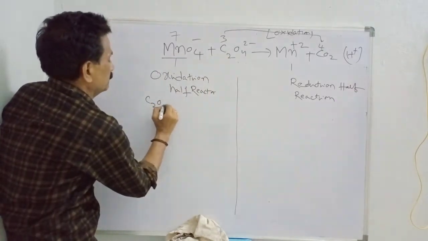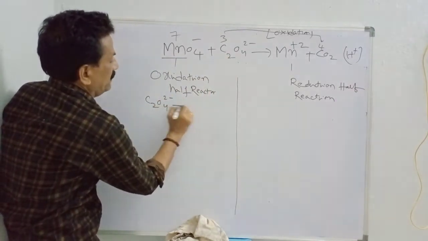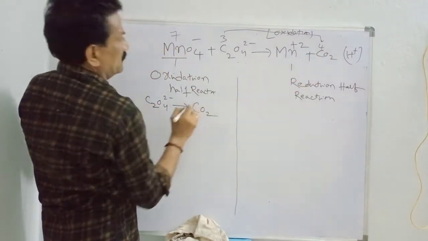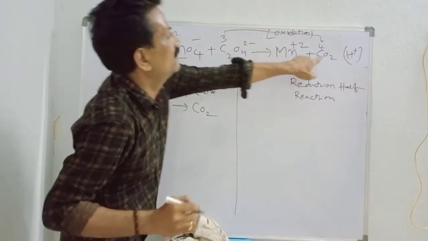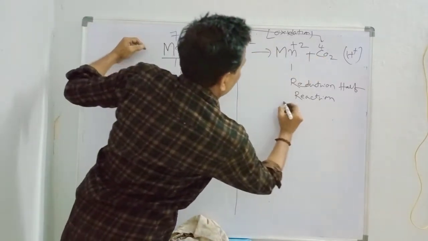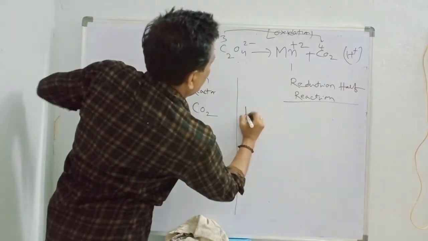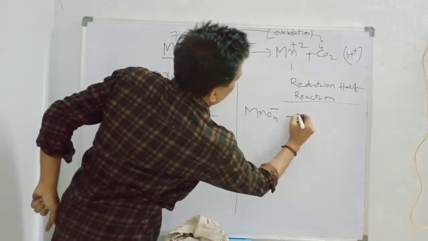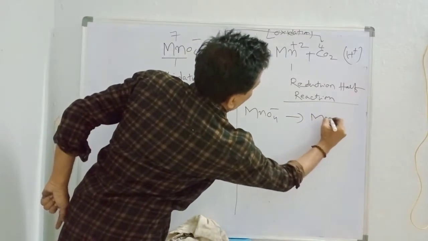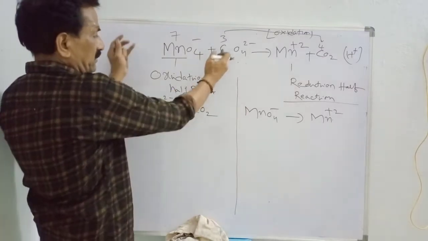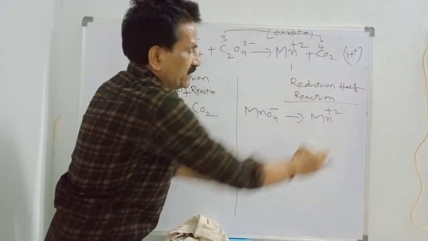C2O4 2 minus gives CO2: oxidation. MnO4 minus gives Mn plus 2: reduction. Oxidation half reaction, reduction half reaction.